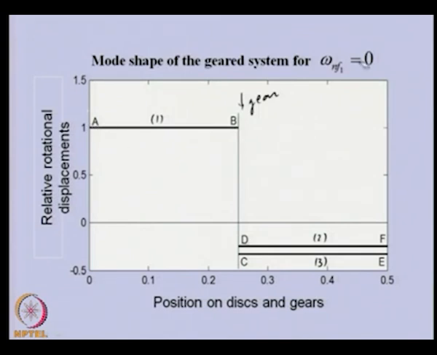So this is for the 0 natural frequency, so we expect a rigid body mode. Nodes 1 and 2, or nodes A and B, will have the same displacement 1. We expect this to have the same displacement, but because of the gear ratio, this will be divided.